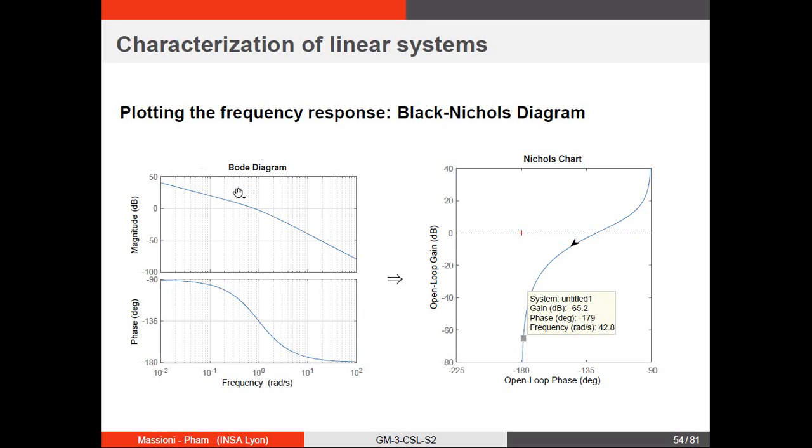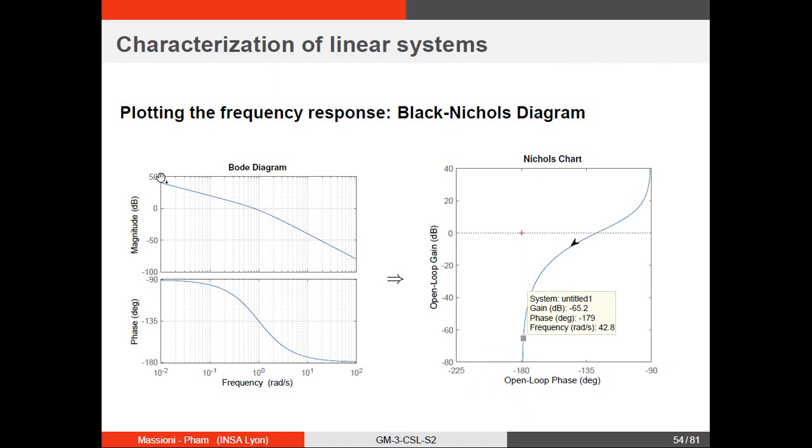So how do you draw it, for example, for this one here? Well, just take the asymptote on the left. On the left, this one goes to plus infinity, and this one goes to minus 90. So minus 90 and plus infinity is up here. This is the starting point. Then it goes down, and it goes to where? To minus infinity and minus 180, which is down here.